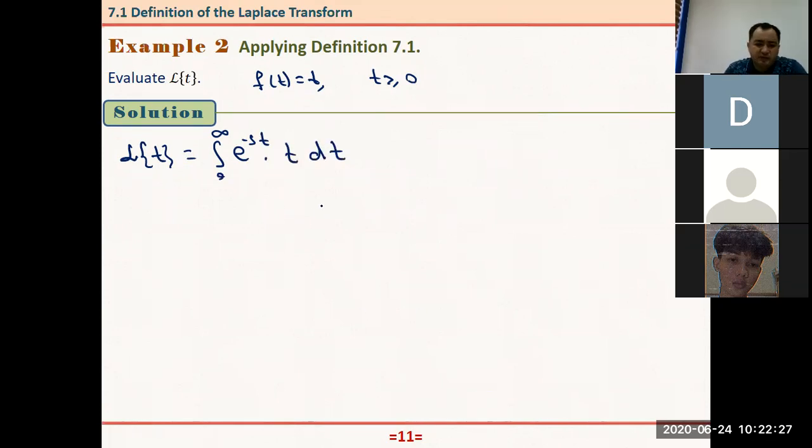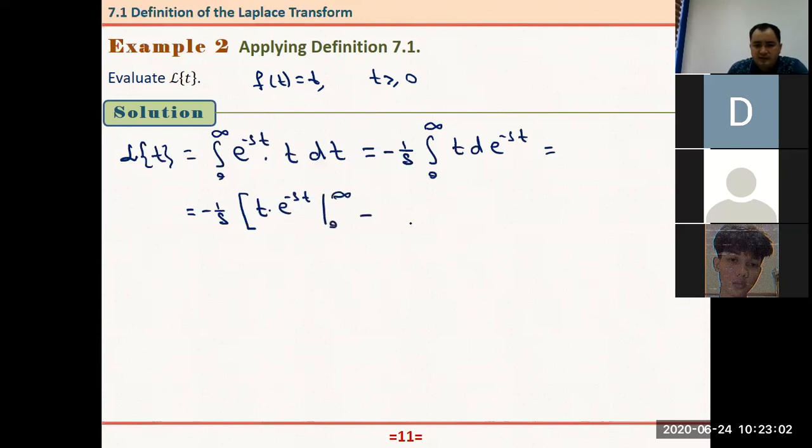And now, how can I do this? I can do this by integration by parts, right? First, if I bring this inside, I can write it as minus 1 over s, integral from 0 to positive infinity of t times d of e to the power minus st. Here we have u and v, which is equal to minus 1 over s, open a big rectangular bracket: t times e to the power minus st from 0 to positive infinity, minus the integral from 0 to positive infinity.